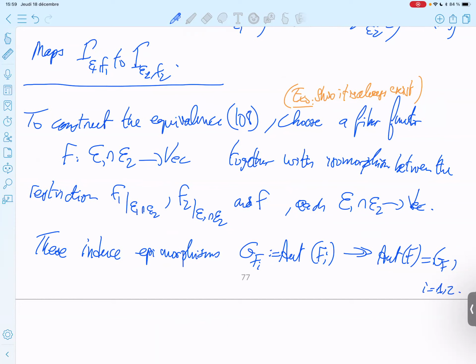Okay, so the fiber functors both restrict to F, in fact. So you have this epimorphism of the group of automorphisms of this fiber functor.